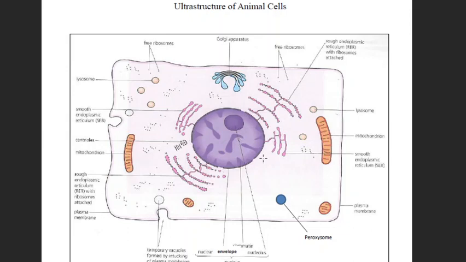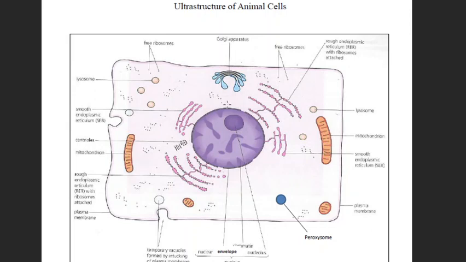So the central region that we can see is the nucleus. This nucleus, which is shown here in purple color, has the DNA present in it. This nucleus is a double membrane structure.